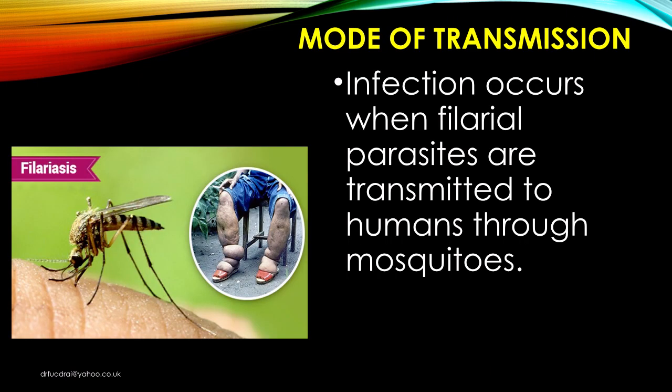As far as the mode of transmission is concerned, the infection occurs when filarial parasites are transmitted to humans through mosquitoes. We've already discussed what are the different forms of mosquitoes which spread this disease in different parts of the world. The lymphatic filariasis is transmitted by the bite of infected mosquito which harbors the larva.